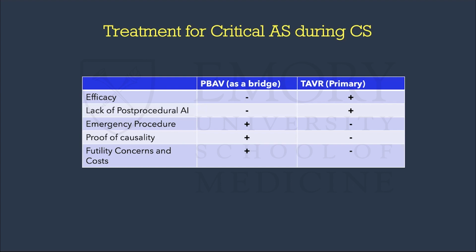In contrast, TAVR as a primary strategy can be more efficacious, but it tends to be less appropriate for sicker patients, those who need an emergency procedure, or those with unknown life expectancy or life expectancy less than 1 year.